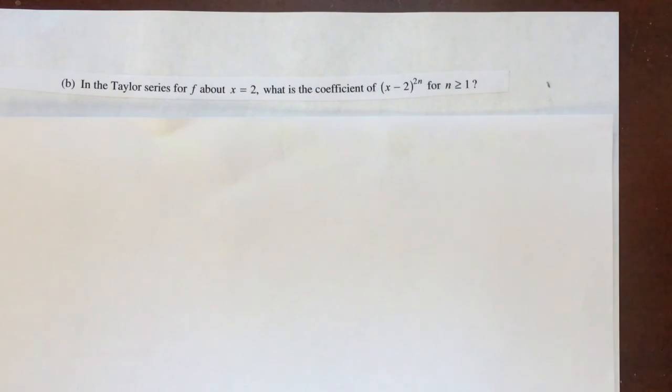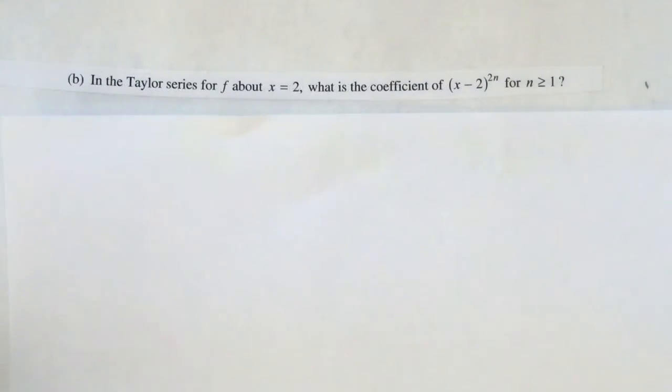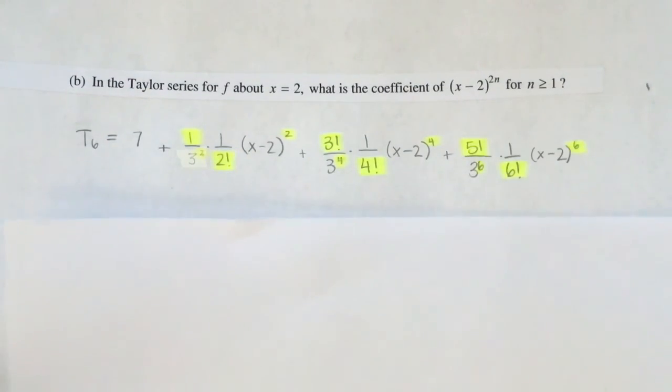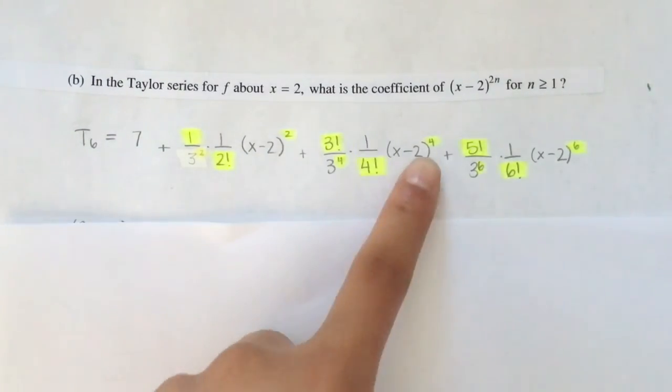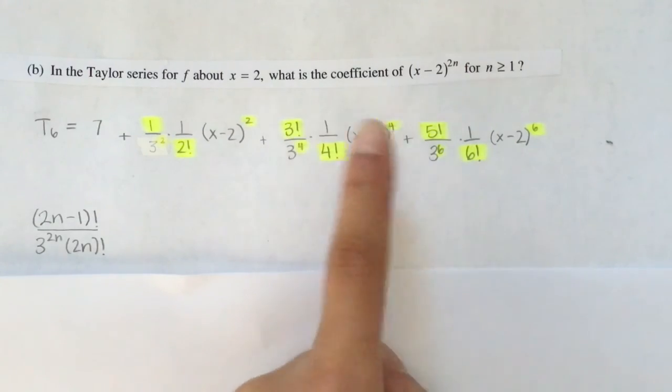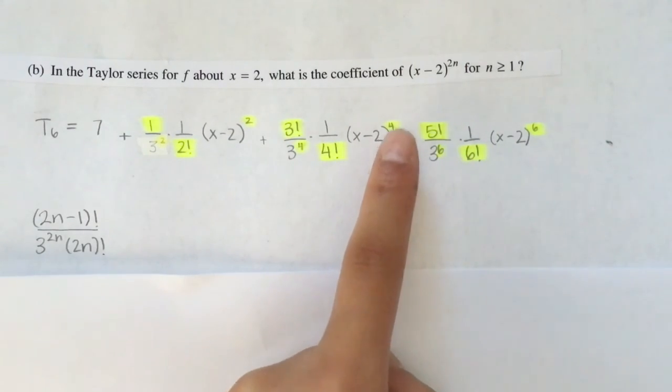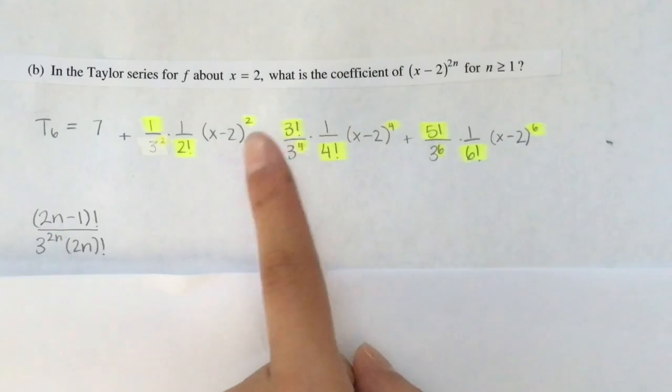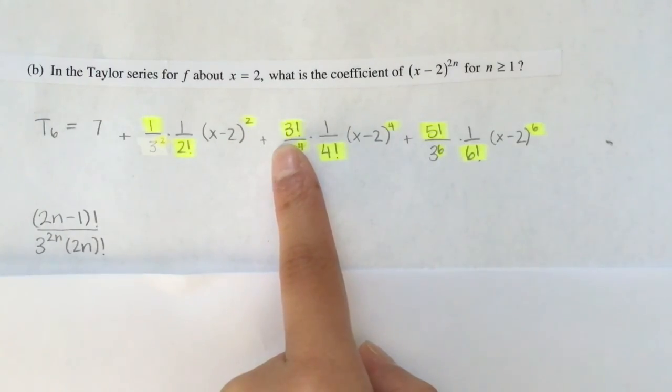Part B says, in the Taylor series for f about x equals 2, what is the coefficient of (x minus 2) raised to the 2n? We use our Taylor series from before. First, it's important to recognize that this exponent is 2n. You'll notice that the numerator is always 1 less than this exponent value. If this exponent value is 2n, then this numerator will be (2n minus 1) factorial.